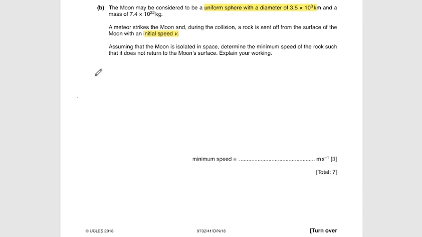So we have v equals the square root of 2GM over r.